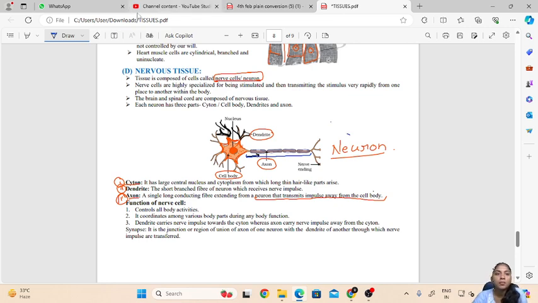There will be the next neuron or next nerve cell present around here. The axons.